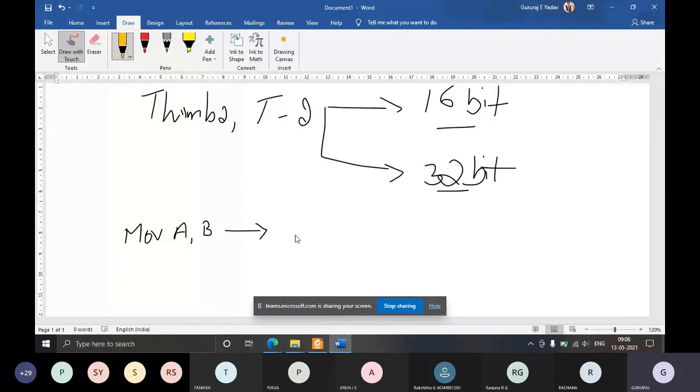Okay, why? Because the processor only understands ones and zeros. So whatever you have to communicate with the processor, you have to do that in ones and zeros. But it is very difficult to communicate with the processor in ones and zeros because we do not understand ones and zeros. The processor understands it, but we do not. Okay, or we'll have to put more effort to understand ones and zeros.